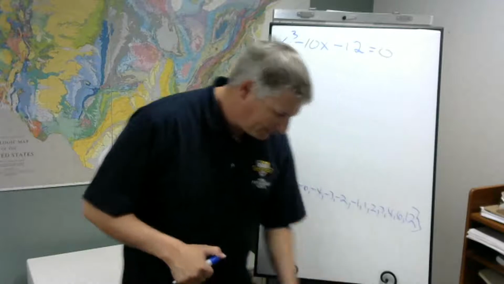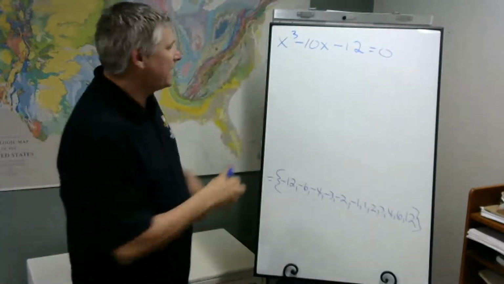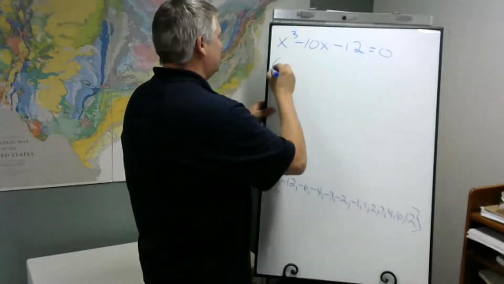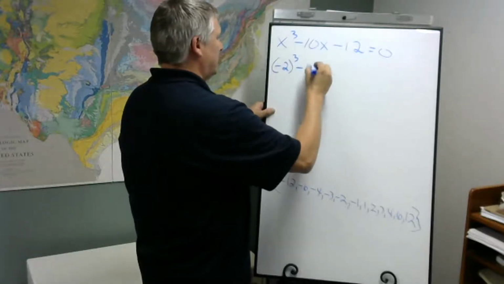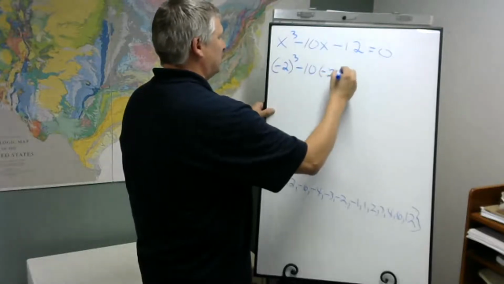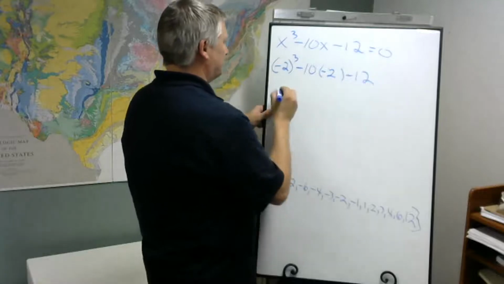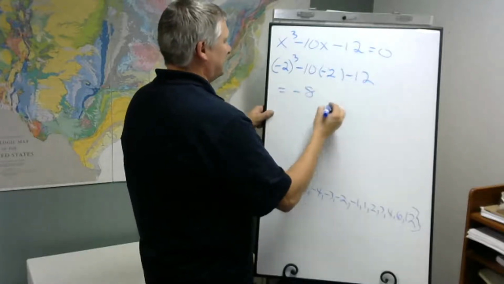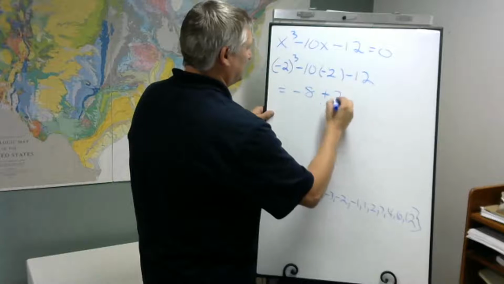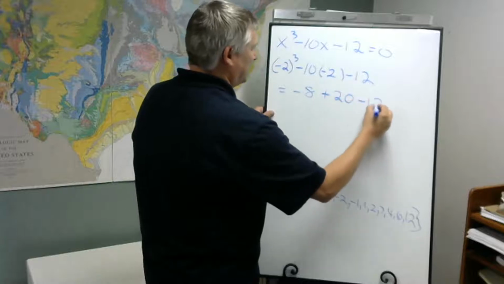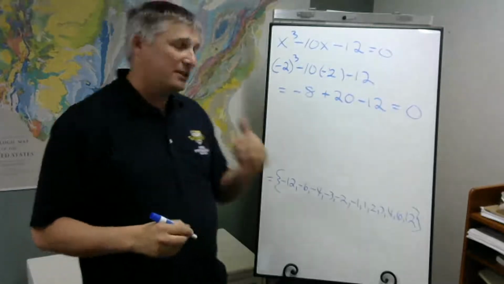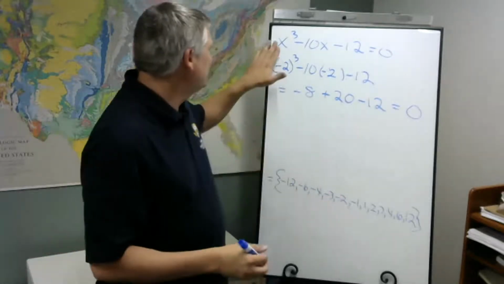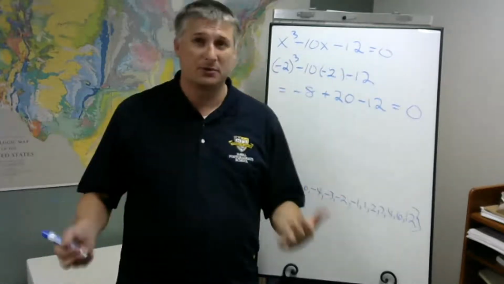So what happens? Well, it turns out that if you go negative 2 cubed minus 10 times negative 2 minus 12, that's negative 8 plus 20 minus 12, which is 0. So x equals negative 2: plug it into this, it becomes 0.